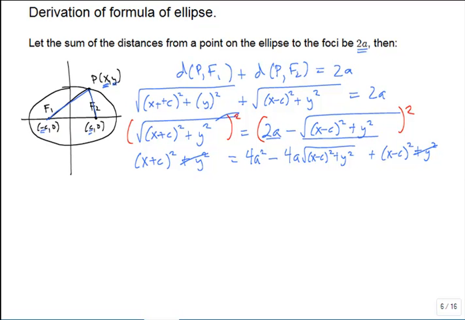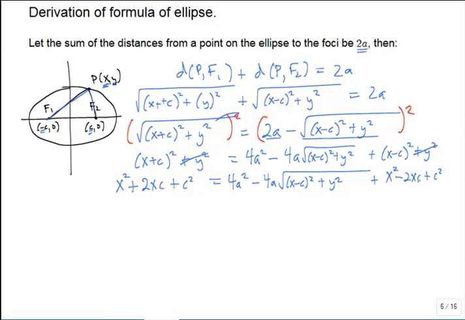Now if I FOIL this out, I'm going to get an x squared plus a 2xc plus a c squared. And on the right side, I still have this 4a squared minus 4a times this great big square root. And then if I FOIL out x minus c quantity squared, we get x squared minus 2xc plus c squared.